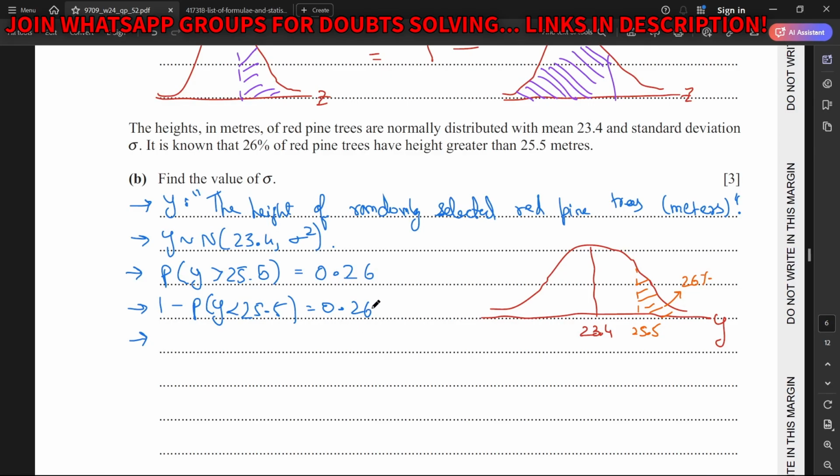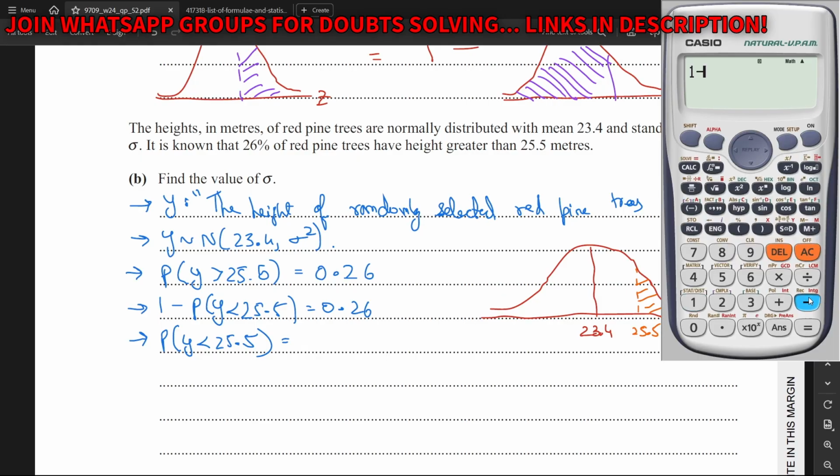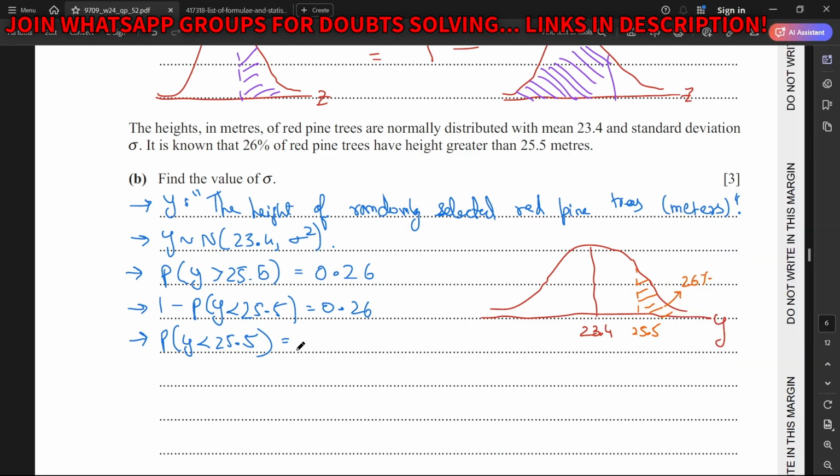So the probability of y less than 25.5 is equal to 1 minus 0.26, which comes out to be 0.74. So the shaded region on the left-hand side becomes 74%. Now I am in the less-than category, with that area being 74%.